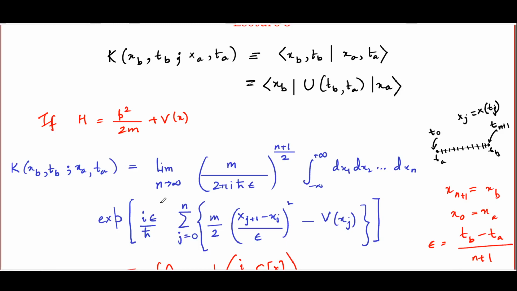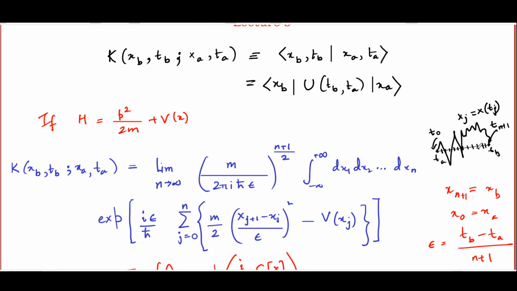which is what we know as the action. So what we are really saying is we will allow all possible paths which start at xa at time ta and end at xb at time tb. And since we are integrating over all possible values of the intermediate x's, we are going to actually allow all possible paths.